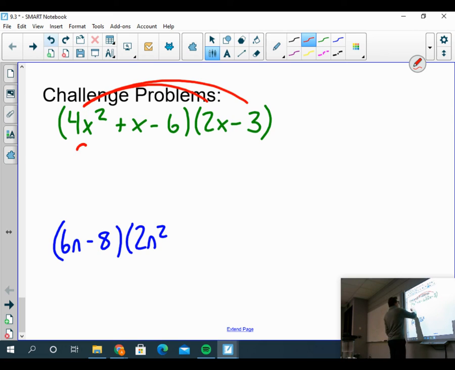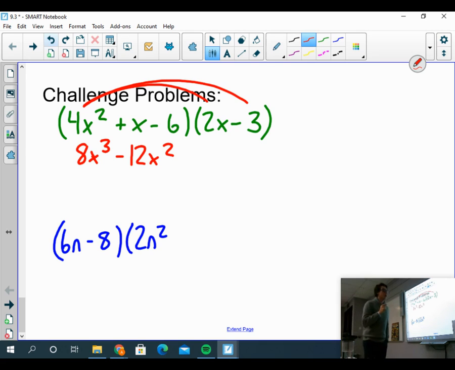And I'm going to get 8x cubed, 8x cubed, because like bases multiplied together, add the exponents, 2 plus 1 is 3, minus 12x squared. And you can see I'm going to be really methodical about this. That way I don't miss anything.